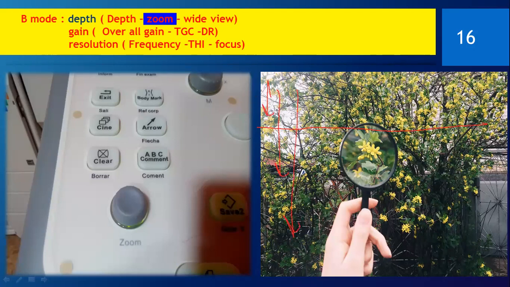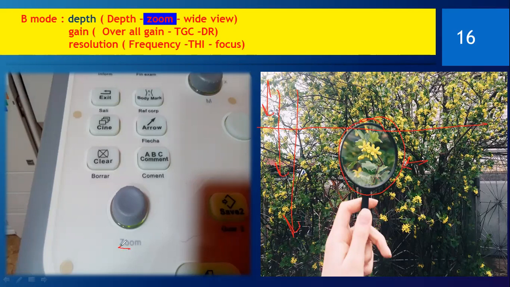But in the zoom, we don't do this. The depth is the same. We do not change it. We simply choose part of the image without changing the depth. We just choose one part of the image to look at more carefully or more extensively, and this is by magnifying it, just like a magnifying glass.